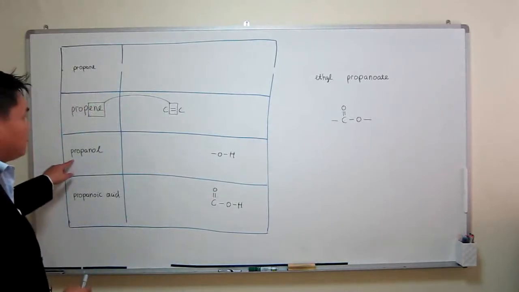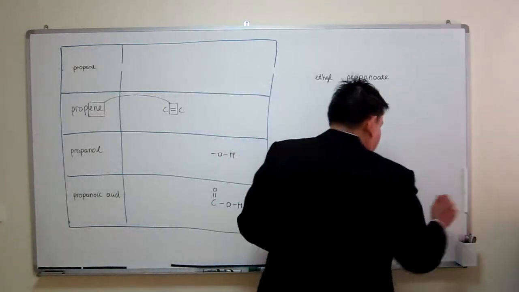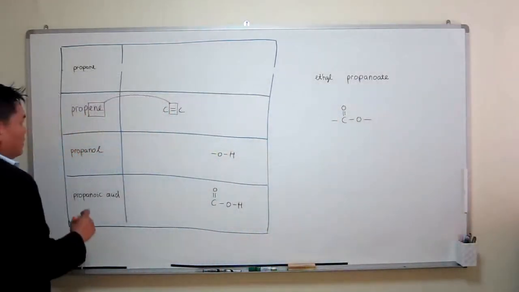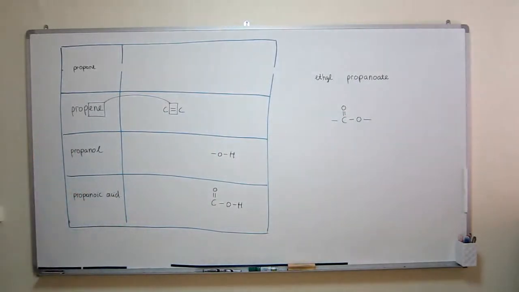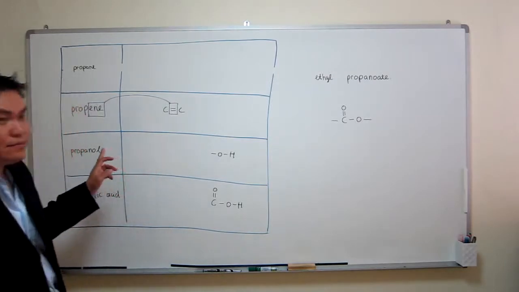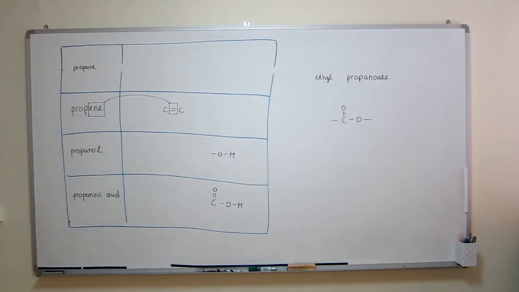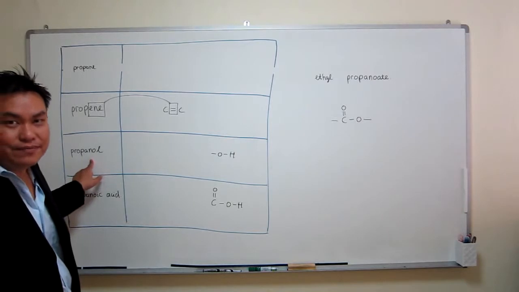Another type of functional group is called alcohol. You can recognize an alcohol from the name.